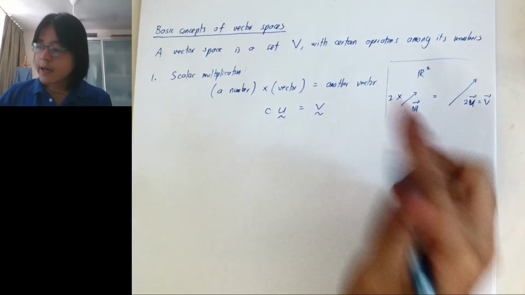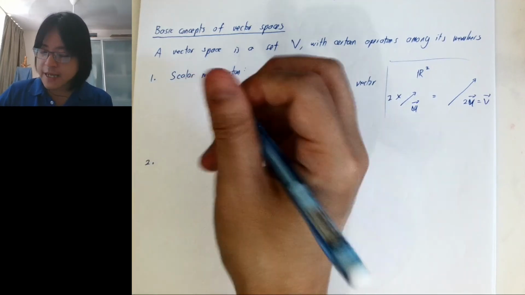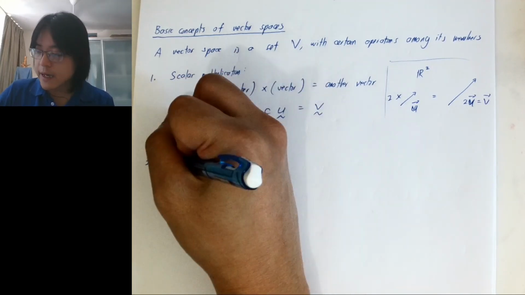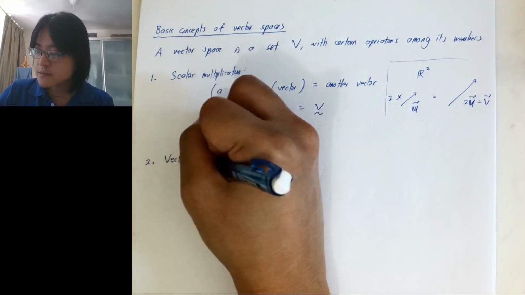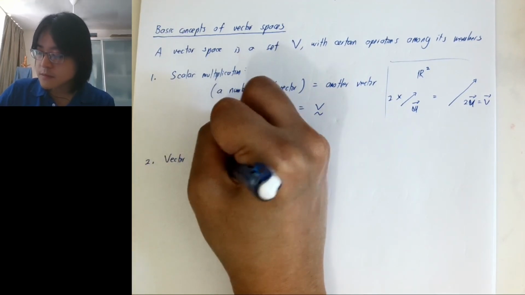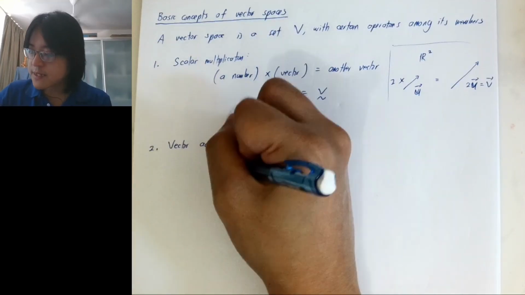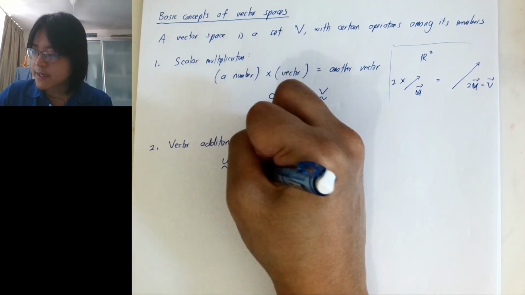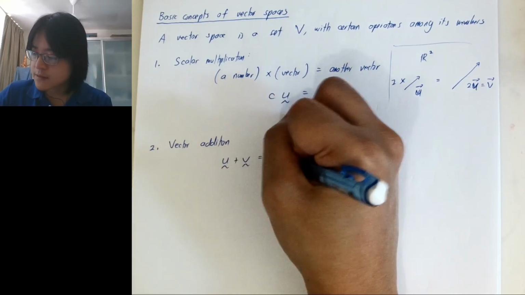Okay, and another operation to qualify as a vector space is that I need to have vector addition. Basically I take one vector and add another vector, and I get a new vector.